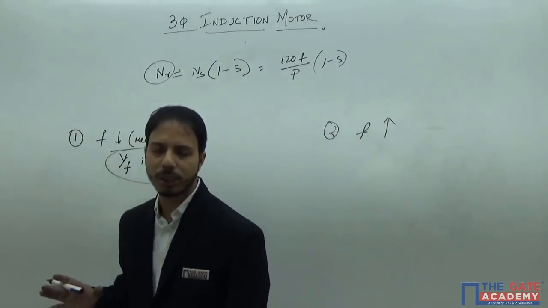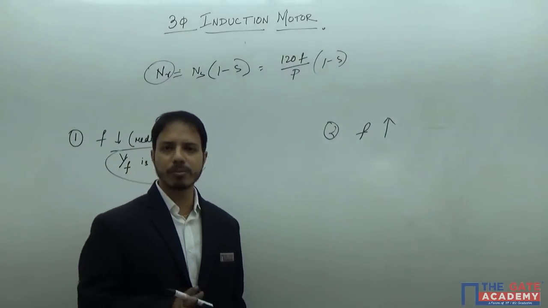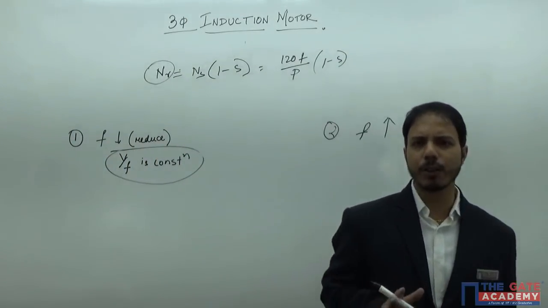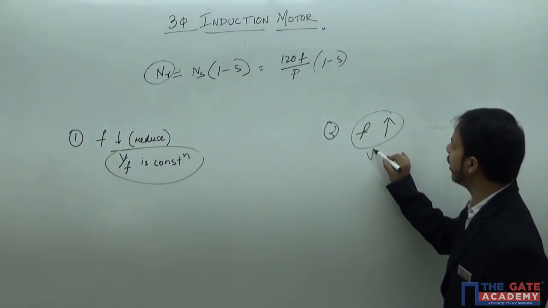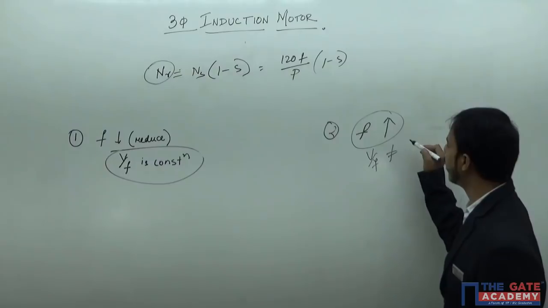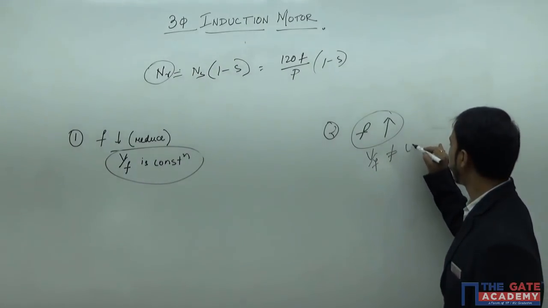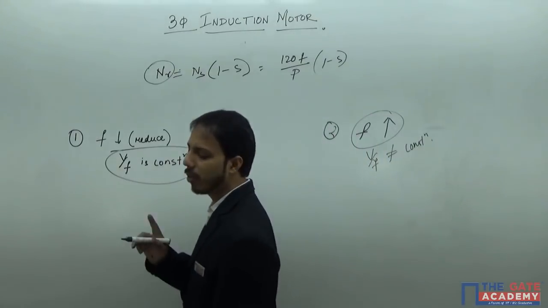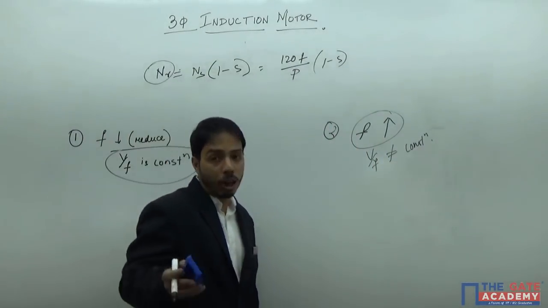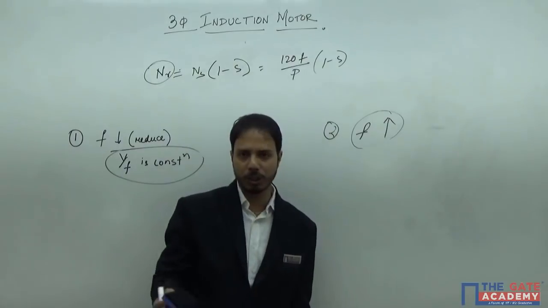At least saturation is not going to be there. Induced EMF may reduce, but even then I don't have any problem. So at the time of increasing the frequency, I don't mind even if my V by F is not constant. So when increasing the frequency, V by F need not be constant, but you may keep it constant.